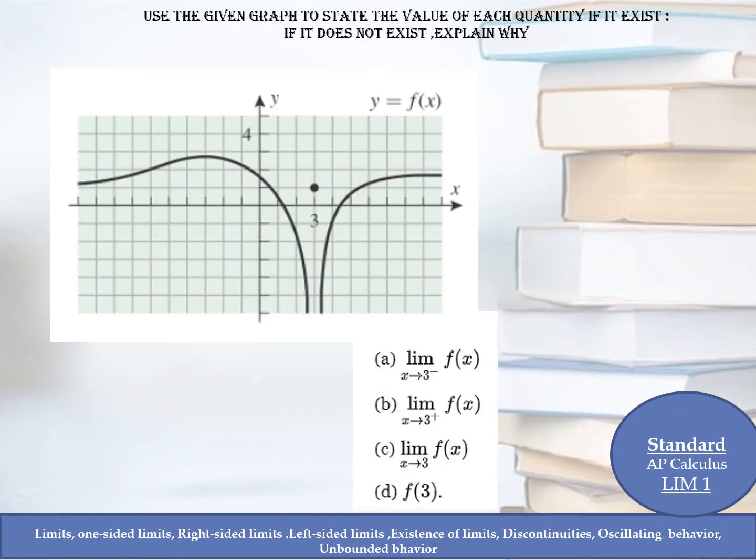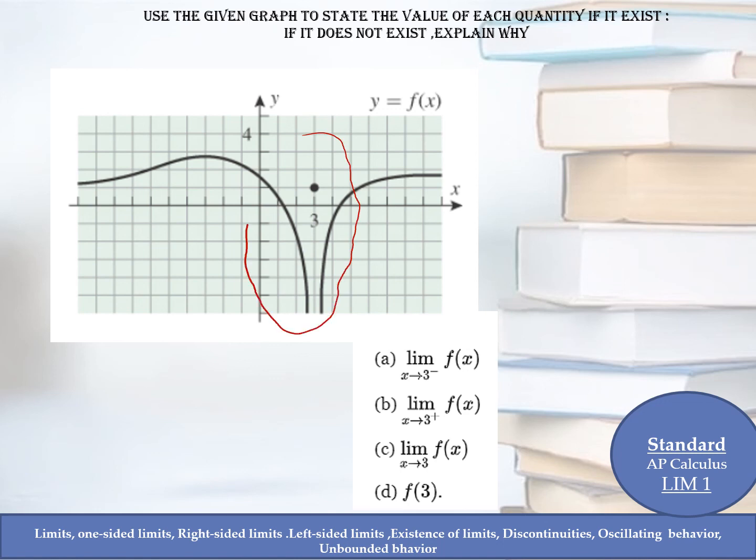Now look at the graph. Here you have to read the graph, the limits and the specific point at 3. So you have to focus on this area. Sorry, I have made it wrong. So you have to focus only on this area.